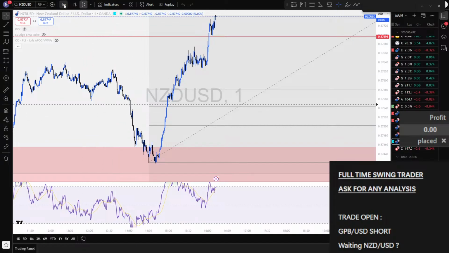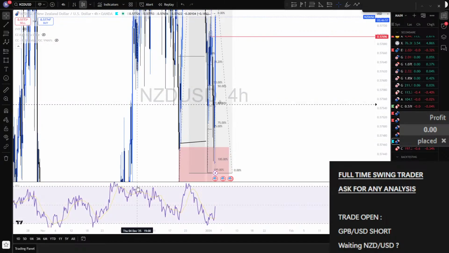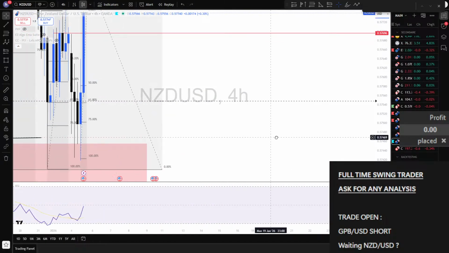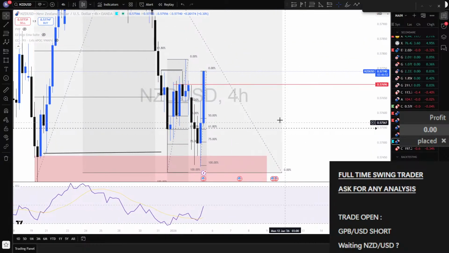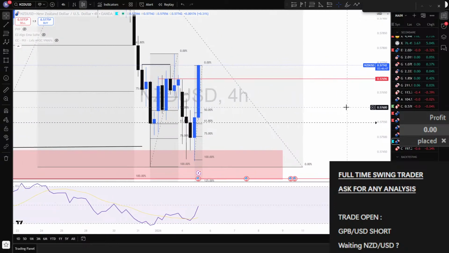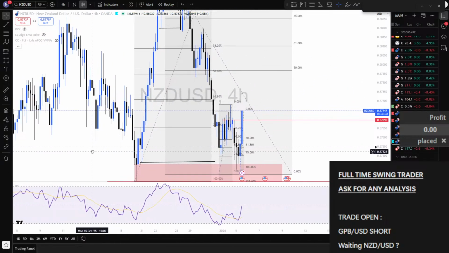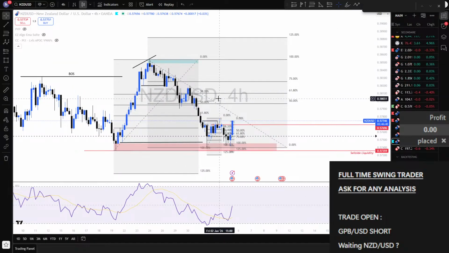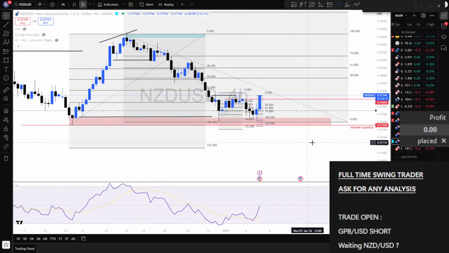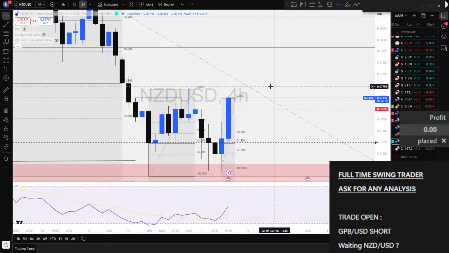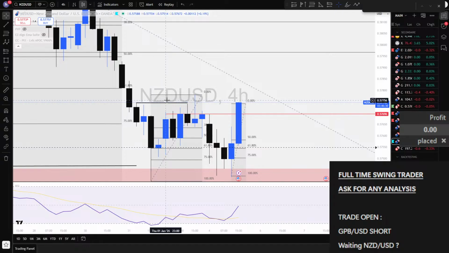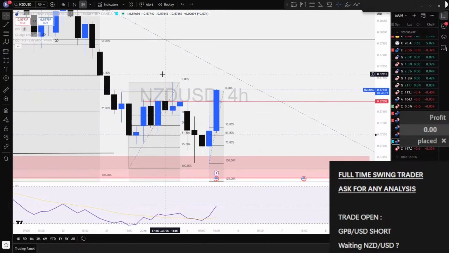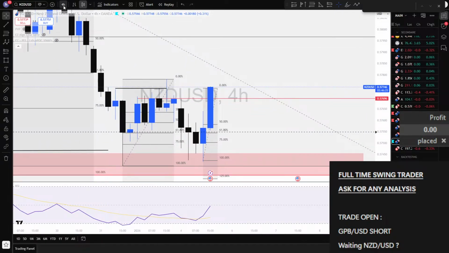For example, you asked me how I swing in 15 minutes. Here, I wanted my entry in 1 minute on NZD USD, but it's because my plan is in 4 hours. We took all the liquidity for the current market structure in 4 hours on NZD USD. At the fractal here in 4 hours, I was waiting for a pullback, which it gave me here.